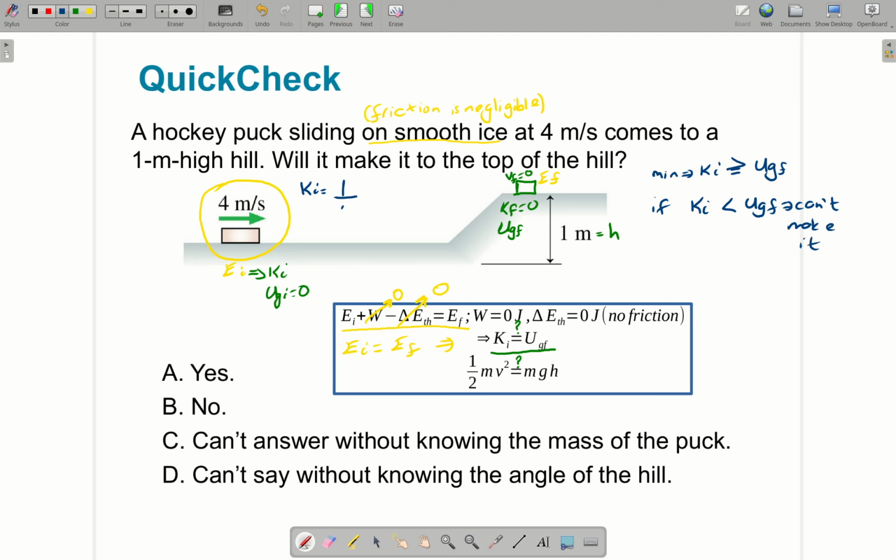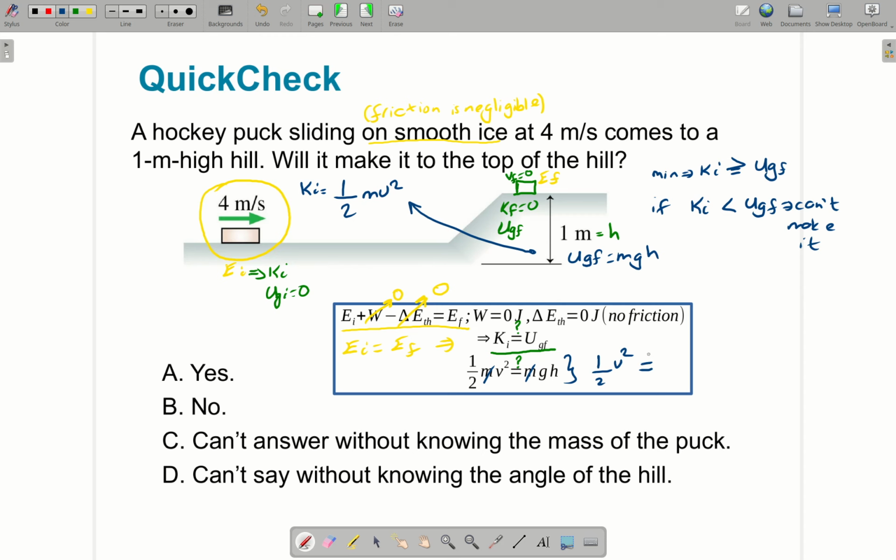Initial kinetic energy 1 over 2 m v squared. Final potential energy mgh. I can't really calculate and compare them because I don't know the mass, but I can do the check right over here because mass cancels, and I can say, okay, is 1 over 2 v squared equal to minimum?